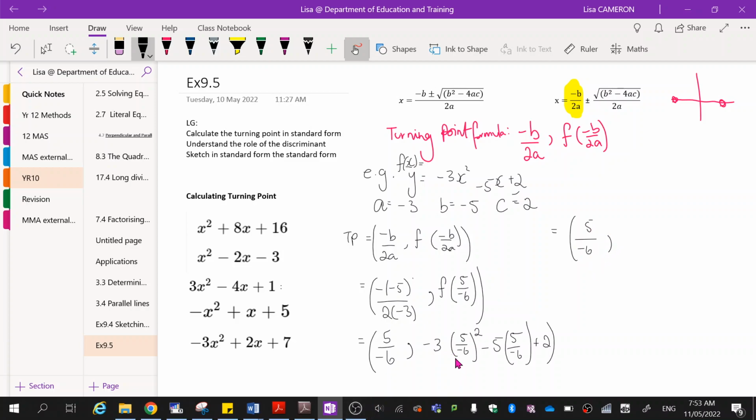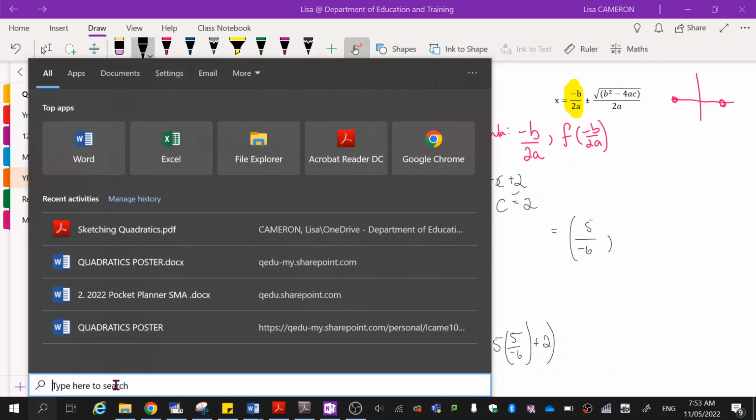Okay, and now I'm going to go through and simplify this. If it was in one of our exams, you would have nicer numbers here and here. But if it's a calculator allowed exam, or a scientific calculator allowed exam, then you might just be able to do this. So from here, I'm just going to plug it into the calculator.